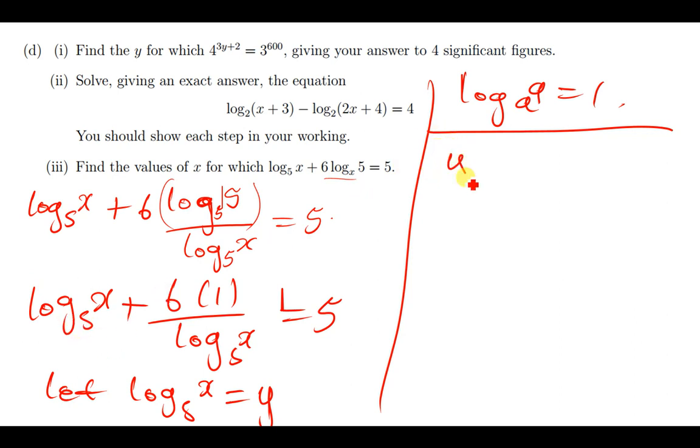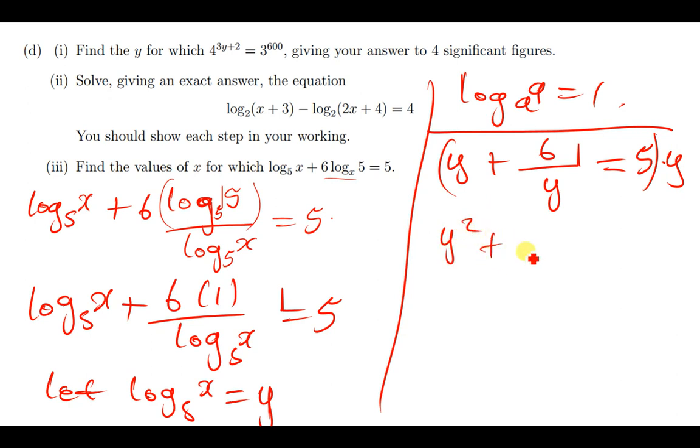So we're going to have y plus 6 over y is equal to 5. When we multiply the whole equation by y, we're going to get y squared plus 6 is equal to 5y. So we can solve the quadratic equation. We bring everything on one side, y squared minus 5y plus 6 is equal to 0.